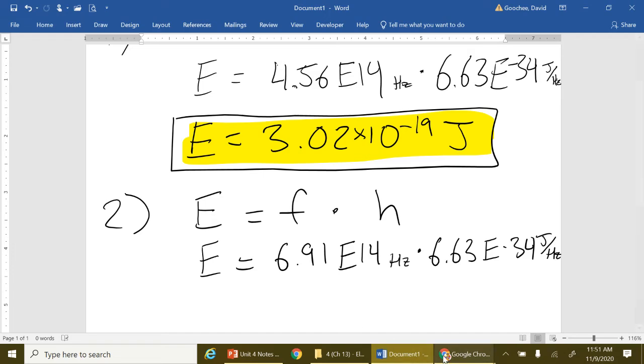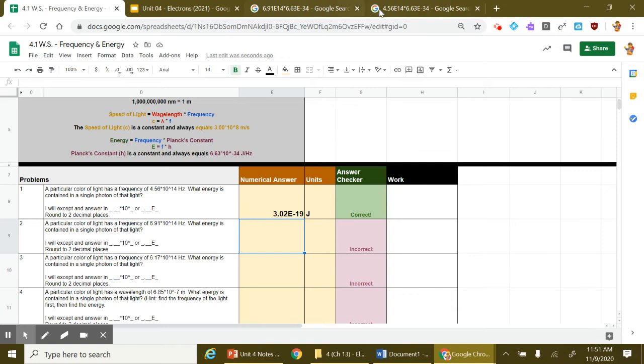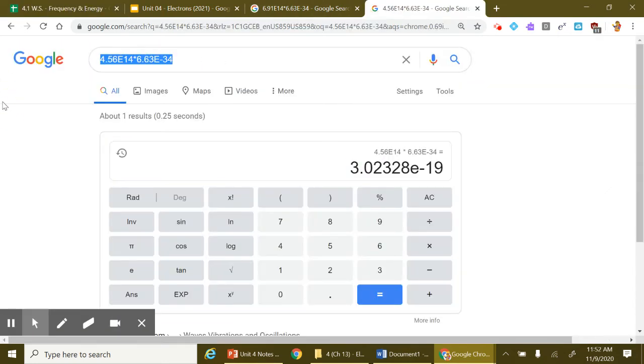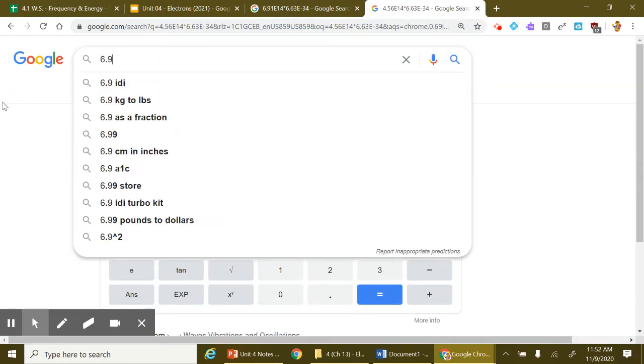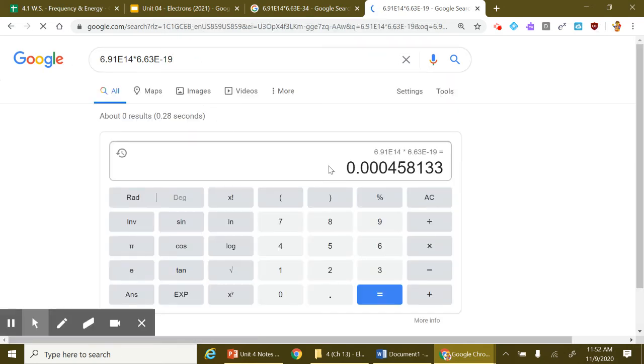And once again, I'm just going to plug this in to Google. Here we go. 6.91 times 10 to the 14th hertz times 6.63 times 10 to the negative 19th joules per hertz. Let's take a look at what we get. One second.